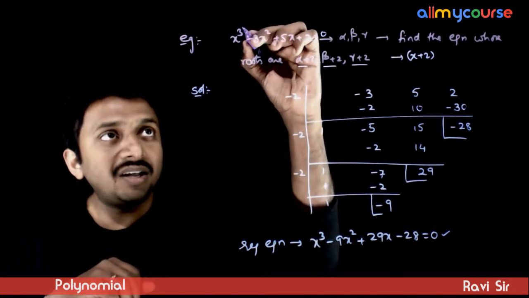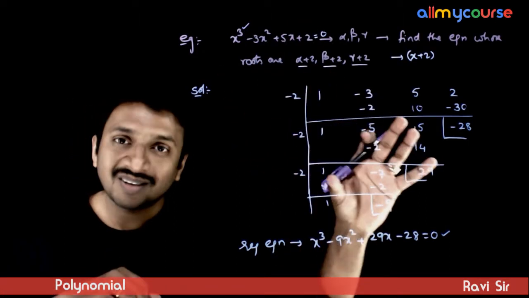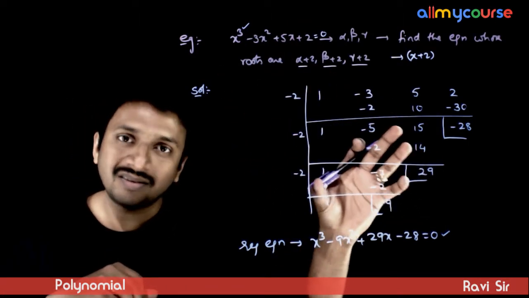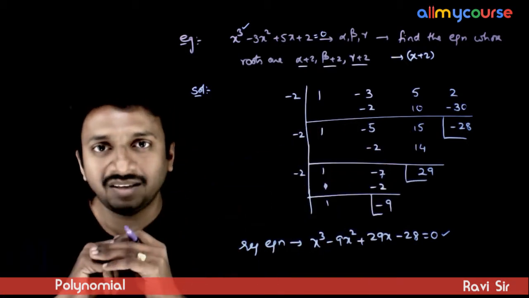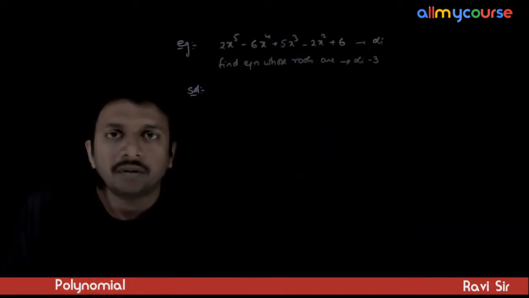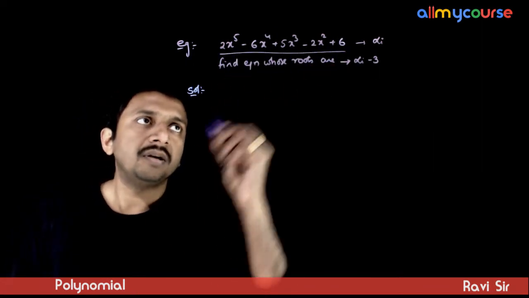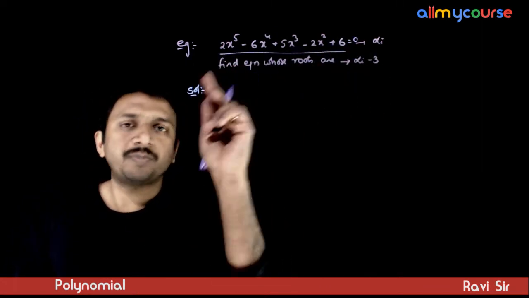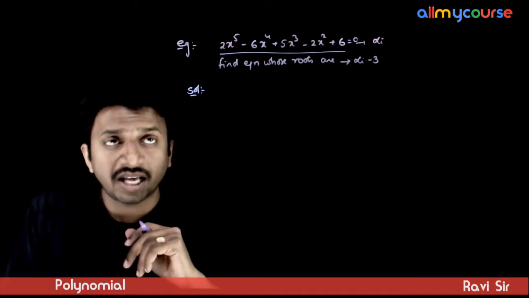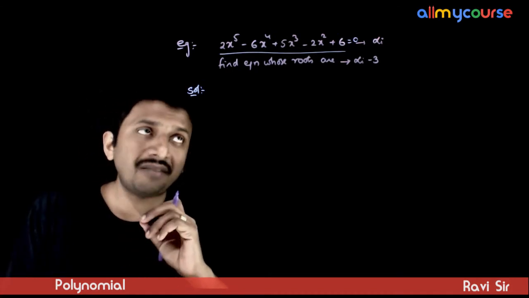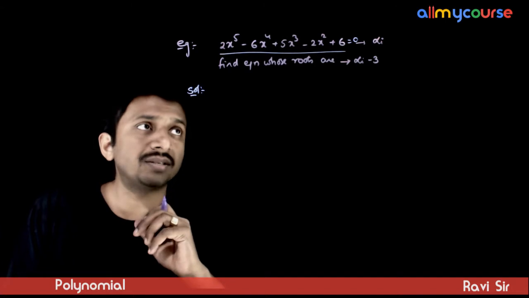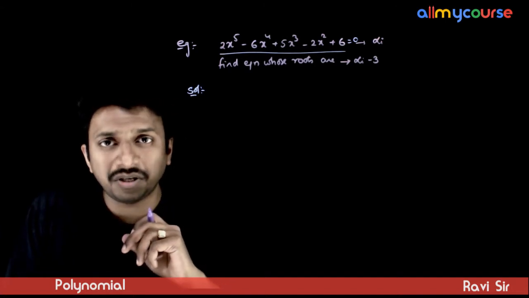The more the degree of the equation is, the more easiness this process brings to the solution. In this example, you have a 5th degree equation 2x power 5 minus 6x power 4 plus 5x cube minus 2x square plus 6 is equal to 0.